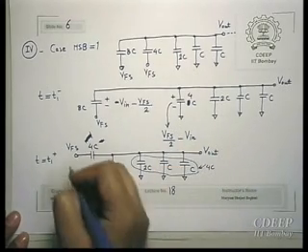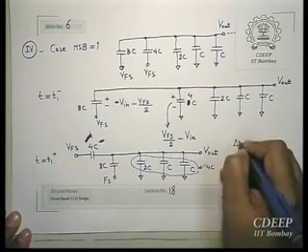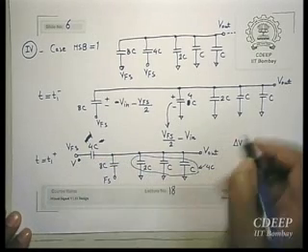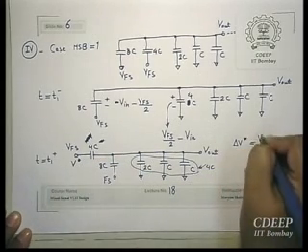Therefore that delta V here, if we call this V star, delta V star is equal to V full scale.